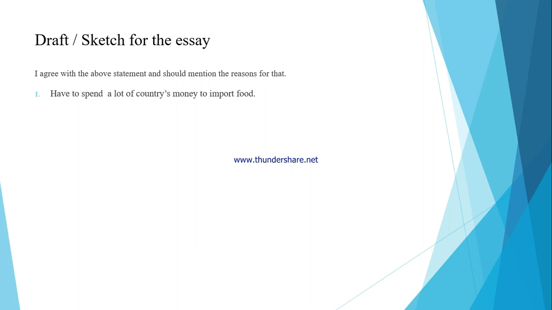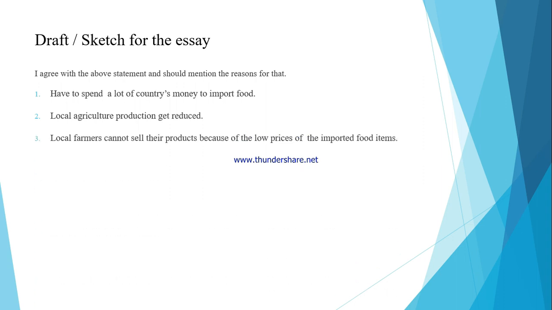The first one is, we have to spend a lot of the country's money to import food. Second one, local agriculture production gets reduced. Third one, local farmers cannot sell their products because of the low prices of the imported food items.